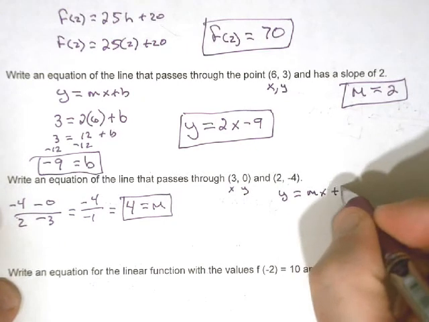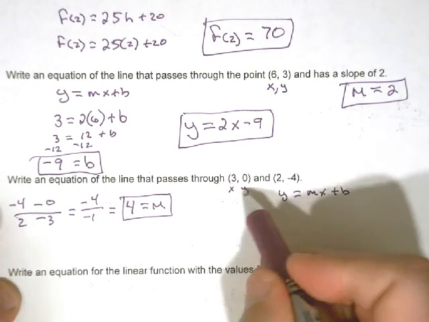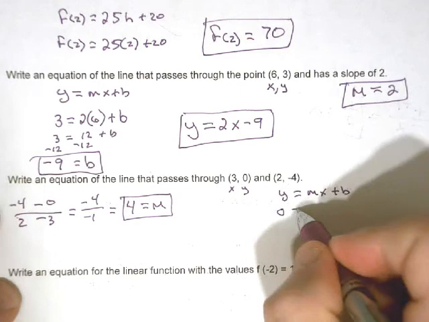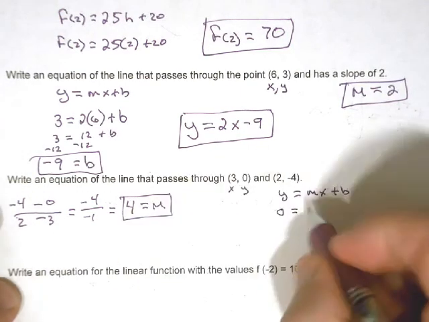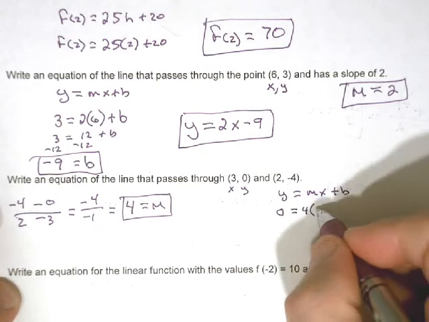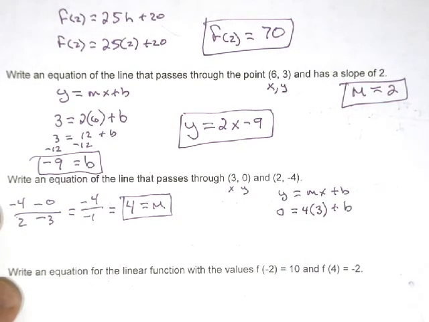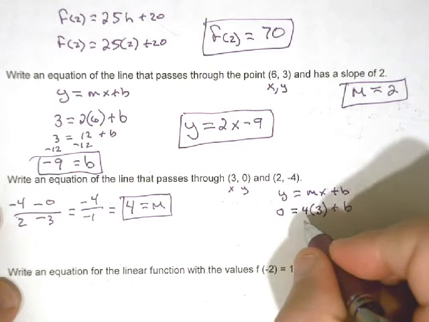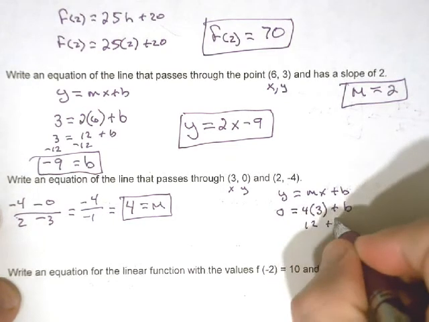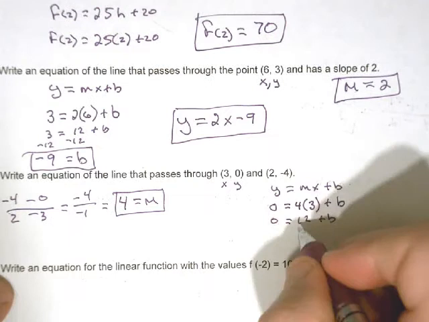So I'm going to put my x and y underneath there just for reference for myself, so that when I plug it into my y equals mx plus b form, I'm grabbing things that I know. So my y is 0, my slope is 4, my x is 3, and we're solving for that missing intercept, the b part.